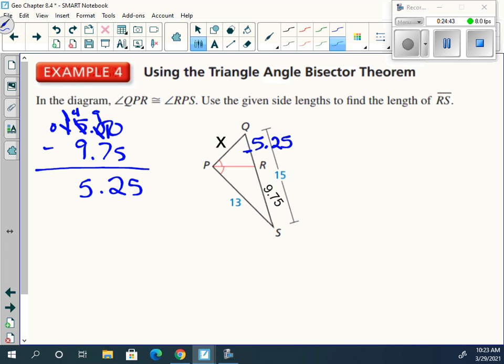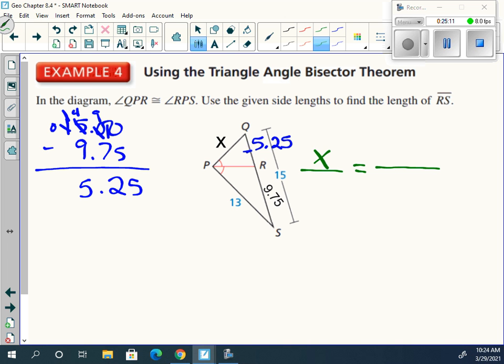So by doing that subtraction, we can find out that QR is 5.25. And by doing that, we now have all four lengths to find x. Any questions on this here?